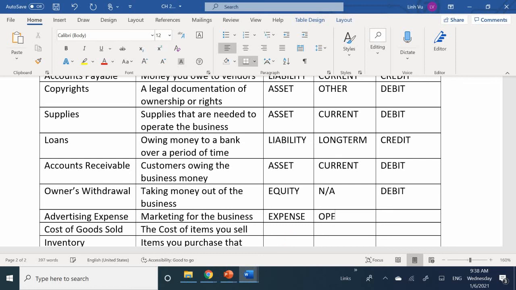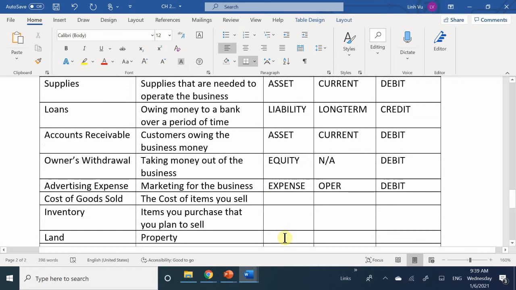So I'm going to put operating. Now, what kind of balance would an expense typically have? Not credit. Debit. It is increased by a debit. Yes. All right. Next is going to be cost of goods sold.